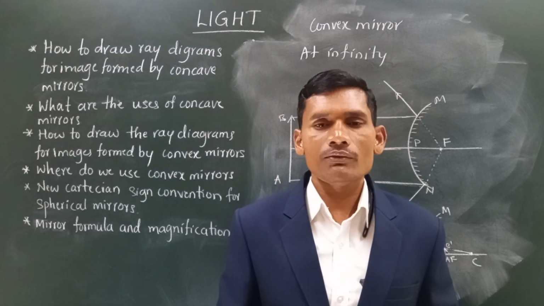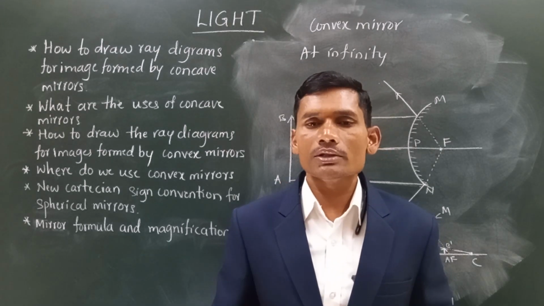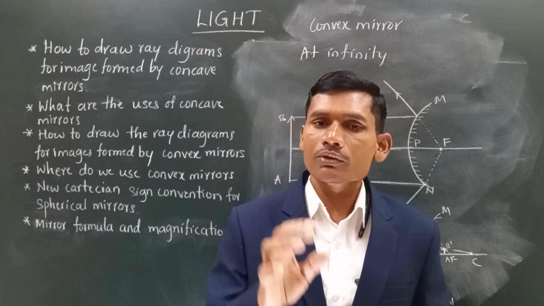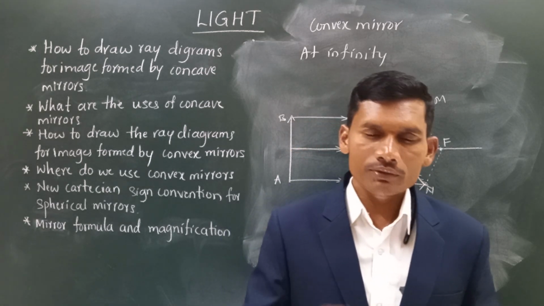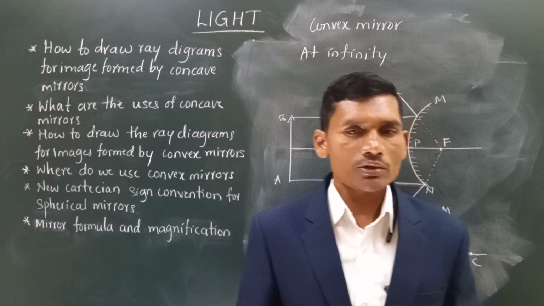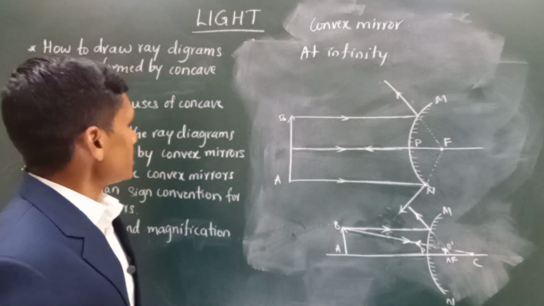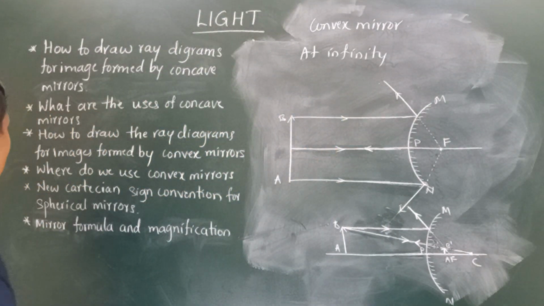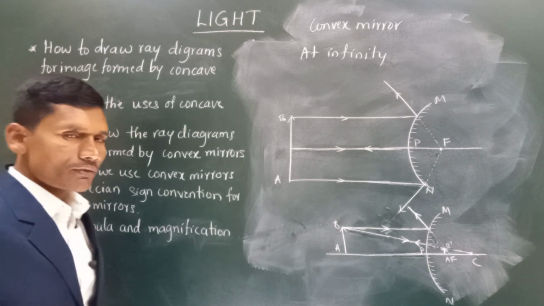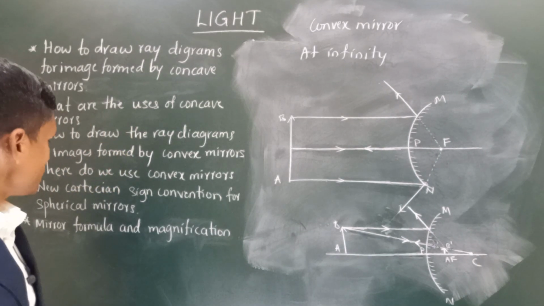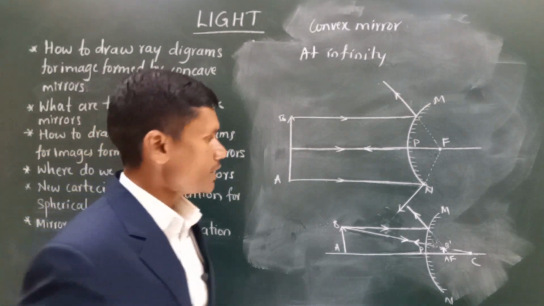For this purpose, we are using these convex mirrors on automobiles as rear view mirrors. So this is the reason for using those, right? Next, coming to the new Cartesian sign convention for spherical mirrors that we need to consider.